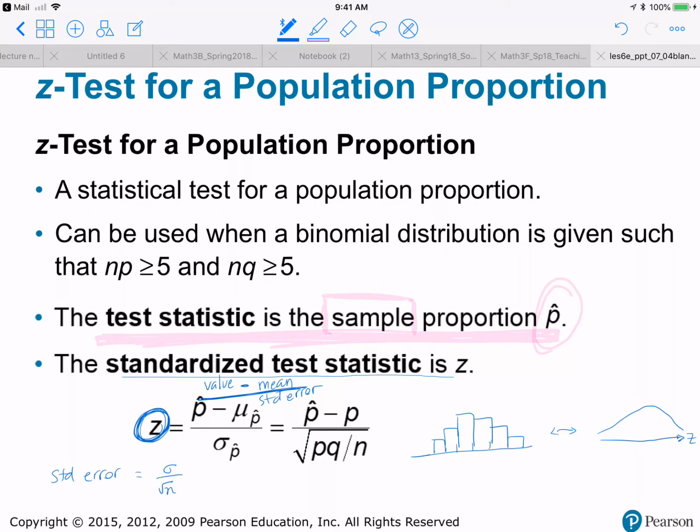But when you have a binomial distribution, the standard deviation is the square root of NPQ. Remember, the variance is NPQ. So we're using those formulas to come up with the formula for the square root of PQ over N for our denominator.